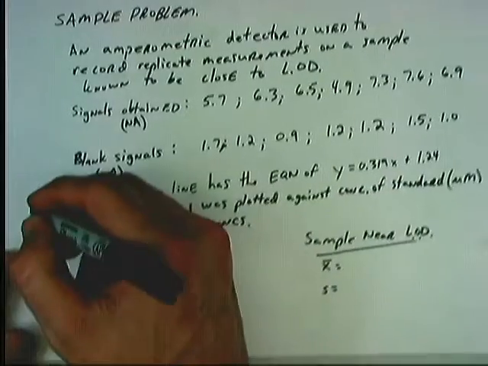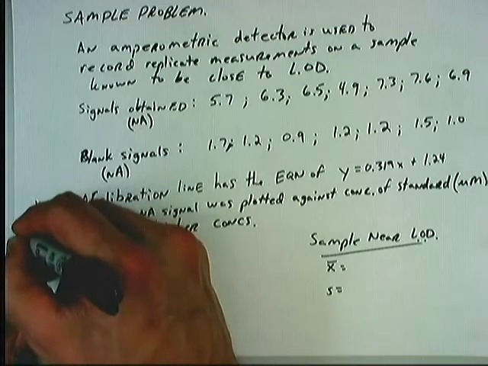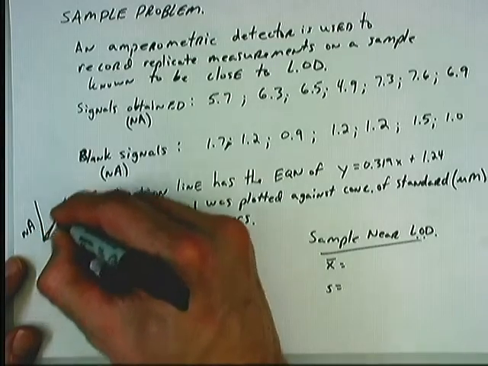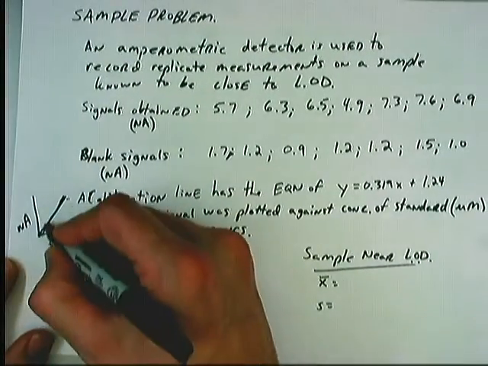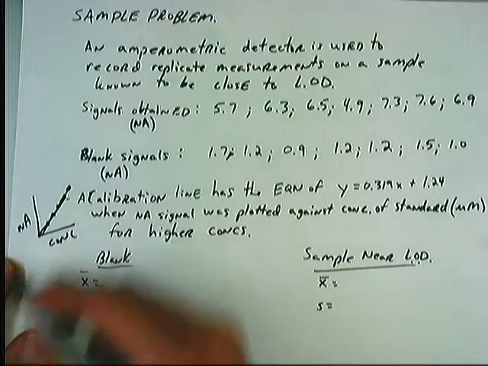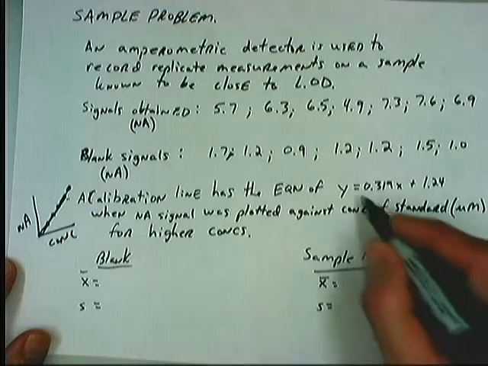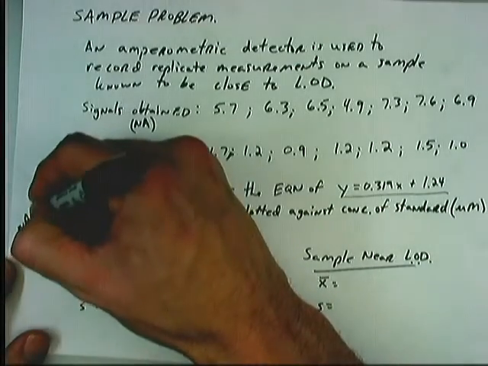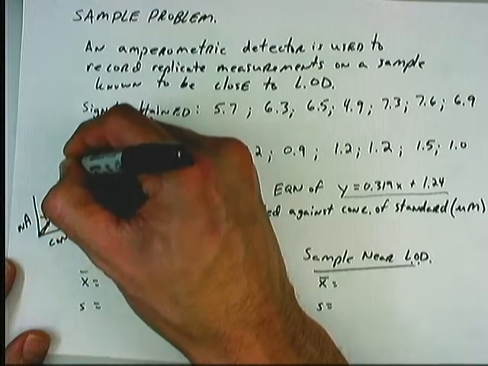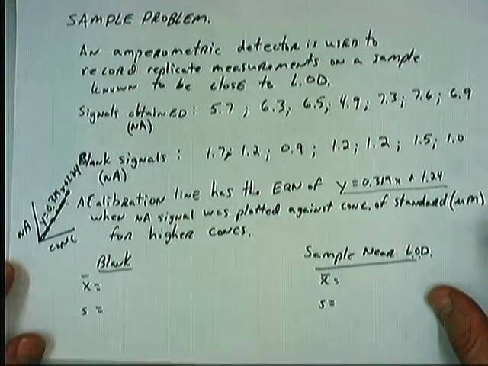So basically all that's telling me is I did a calibration experiment with several different concentrations of standards, and when I plotted nanoamps current, the signal, versus concentration, the best fit line yielded that equation, 0.319x plus 1.24. This would be for an external calibration, okay? That'll become important here in a little bit.